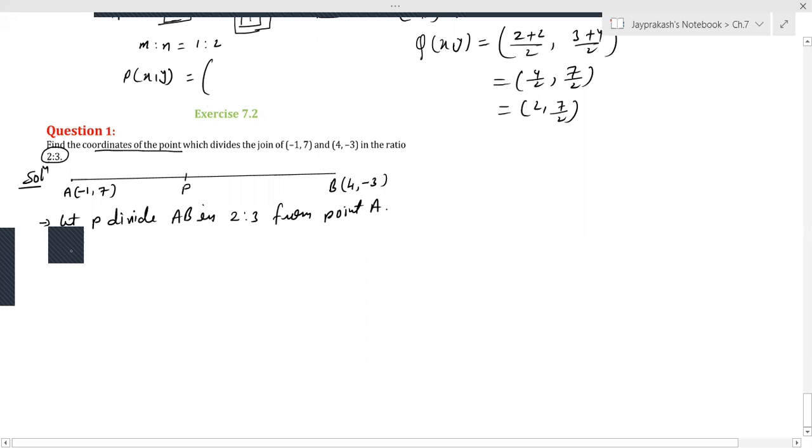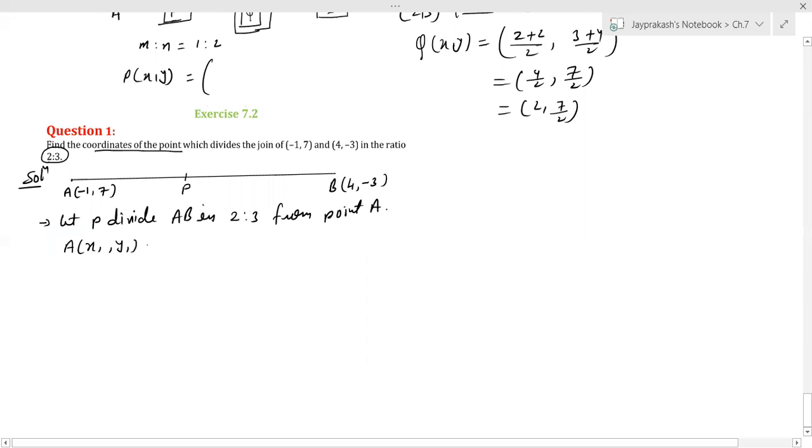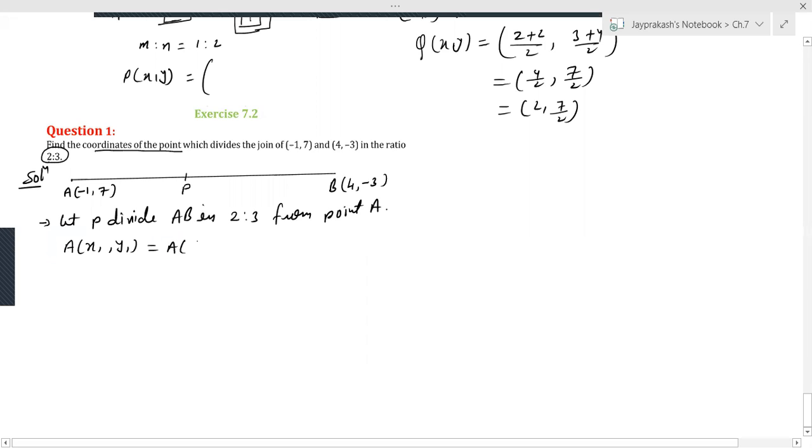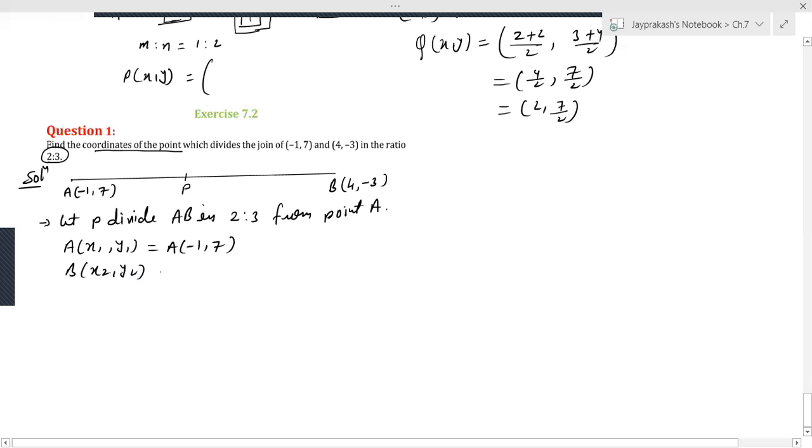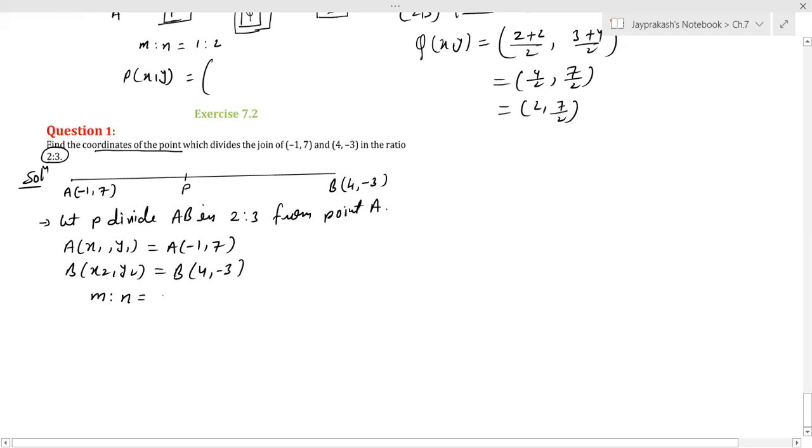So that's why we have to consider A as x1, y1, (-1, 7), and point B as x2, y2, and we are also given the ratio m is to n is equal to 2:3.